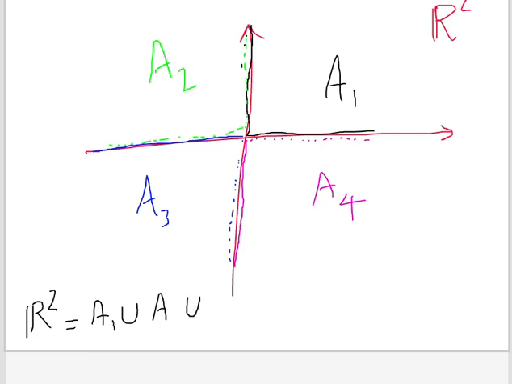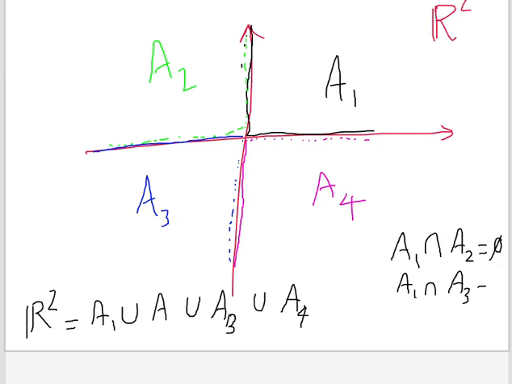and you see that R1 intersection with R2 is empty, R1 intersection with R3 is empty, R1 intersection with R4 is empty, and the others. R2 intersection with R3 is empty.